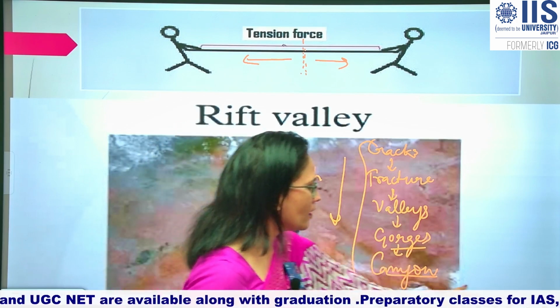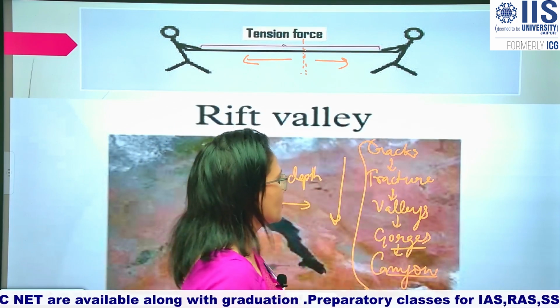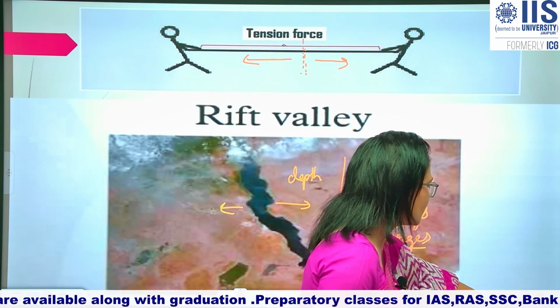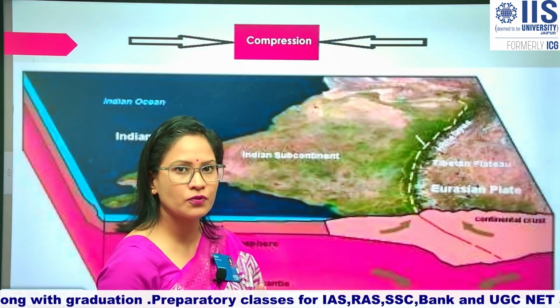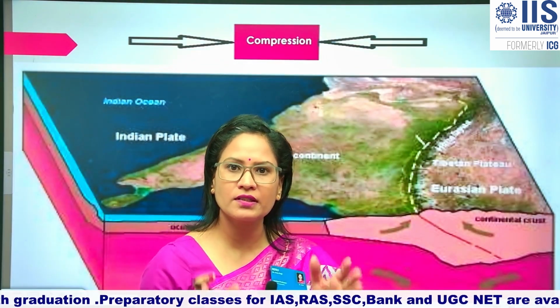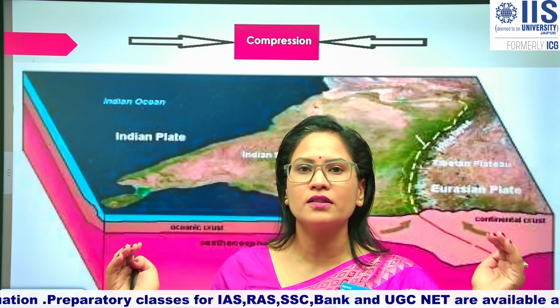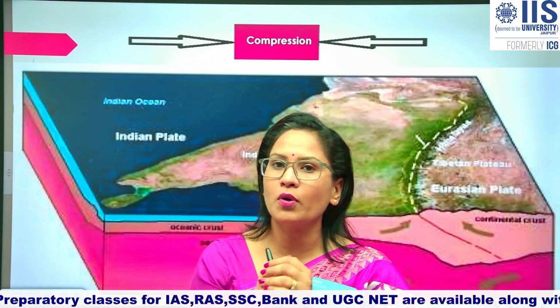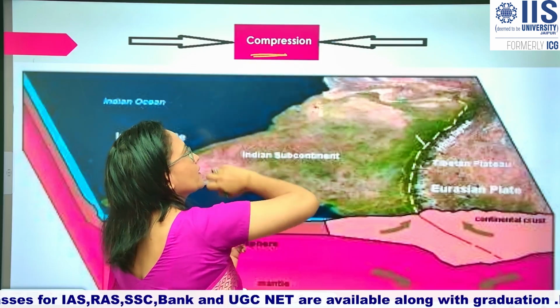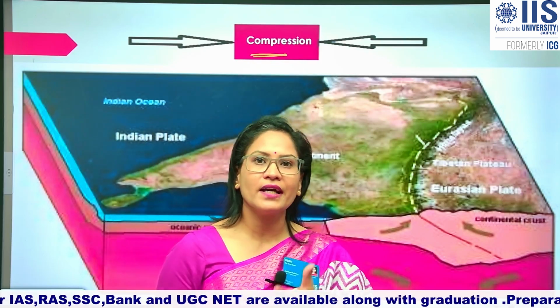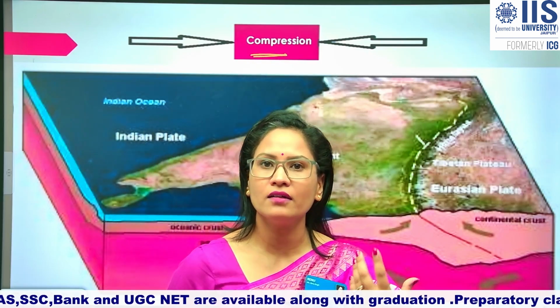Is it okay? What happened with the other force? That is the compression force. If the movement occurs towards each other, then what will happen? Then the force will be known as compression, and because of that some kinds of mountains are formed.